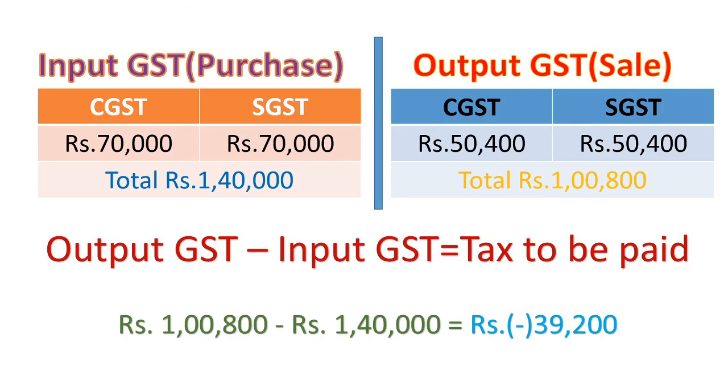Over a period of time, we are going to sell those CCTVs. Here you can see from output GST, I have subtracted input GST: from 1,08,000 I have subtracted 1,40,000. So here the deficit or minus figure is 39,200. We will see the balance sheet so that you will clearly understand what I mean to say.